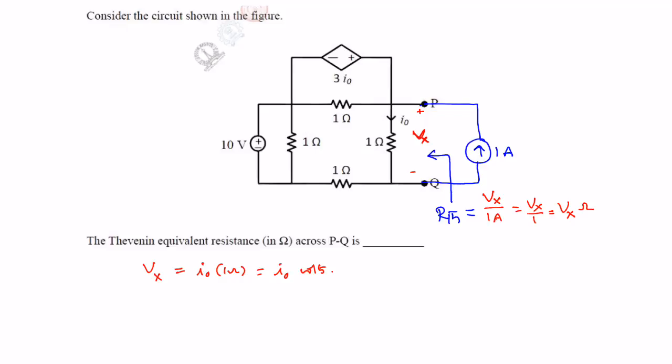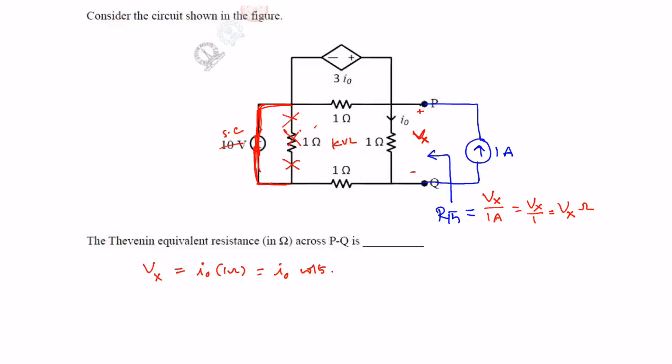Calculate I0 from the KVL, again from KVL. When you are applying this 1 ampere, the other sources must not be present. So that indicates this 10 volts acts as a short circuit, and there is no need to consider this 1 ohm.